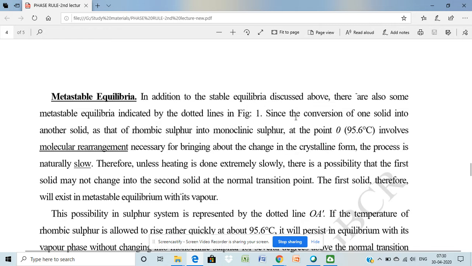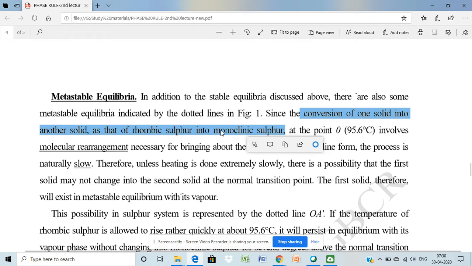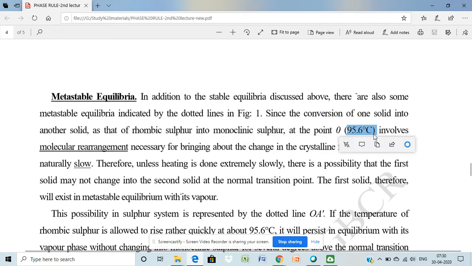The metastable state is the conversion of one solid into another solid, that is, rhombic sulfur to monoclinic sulfur at 95.6 degrees Celsius, which involves the molecular rearrangement necessary for bringing about the change in crystalline sulfur, and the process is naturally slow.